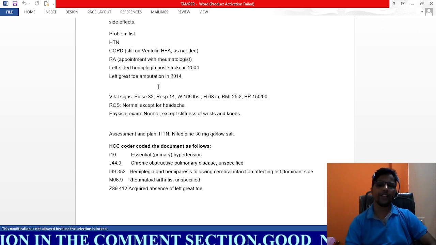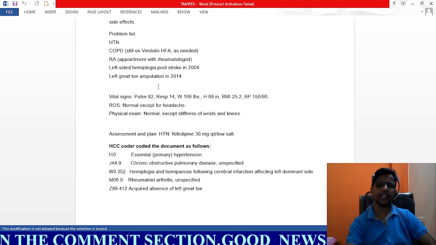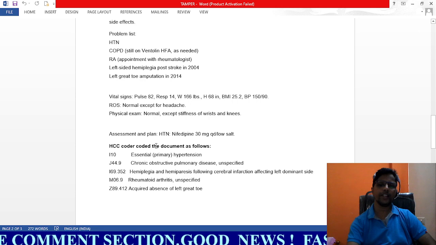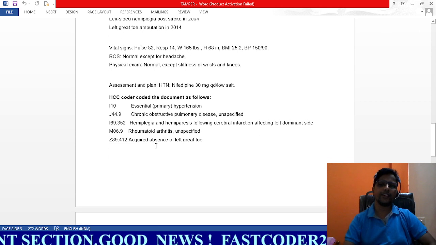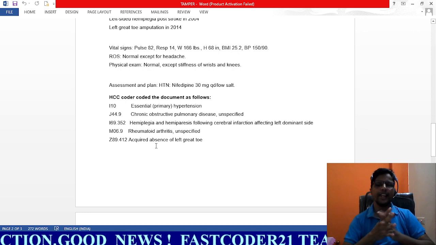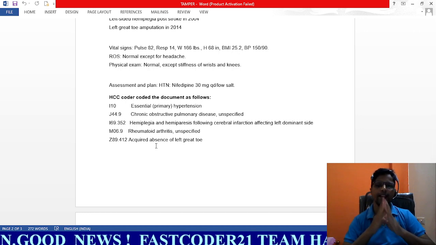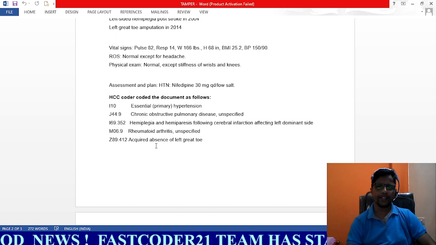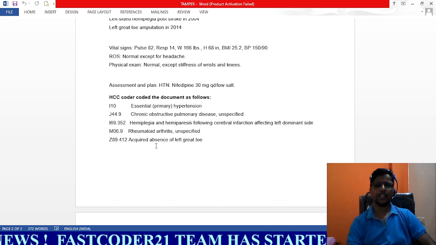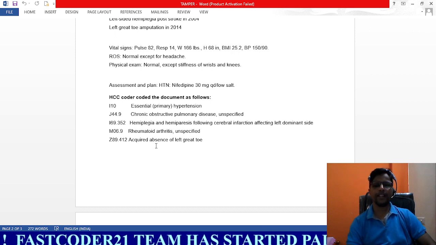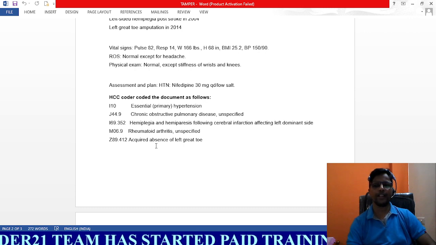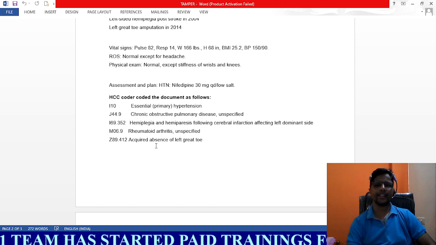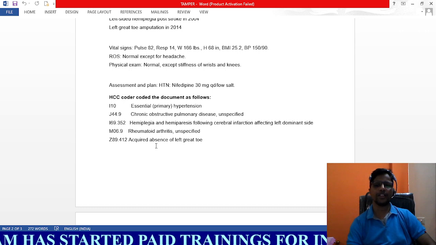So an HCC coder coded the document as follows. Based on the coder's documentation, they coded hypertension and COPD, and also hemiplegia and hemiparesis following cerebral infarction affecting left dominant side, and rheumatoid arthritis, and acquired absence of left grade 2.